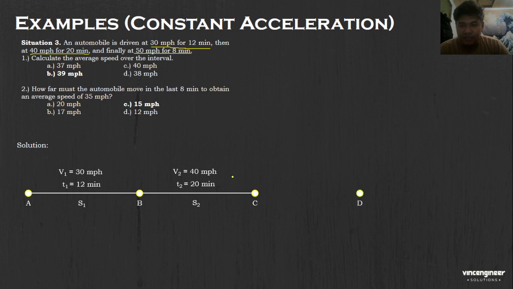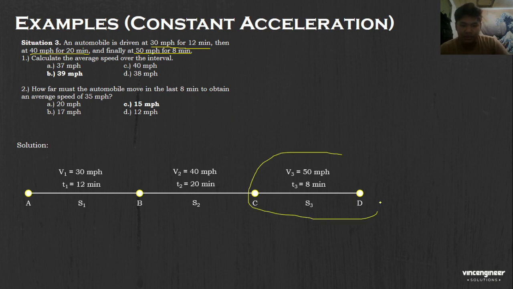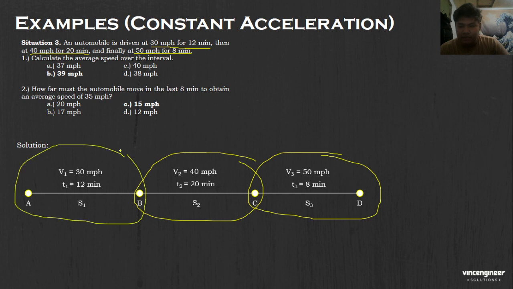Then C to D, S3, 50 miles per hour, with a time interval of 8 minutes. The velocity stays constant within each segment.